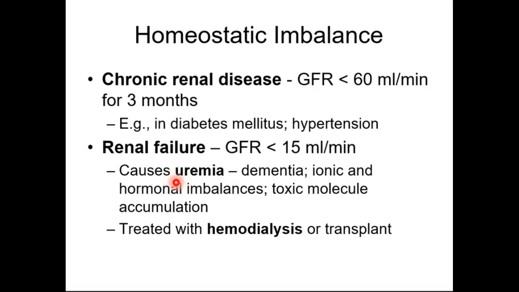That nitrogenous waste floating around in your circulatory system and making it throughout your body, including to your brain, can cause all kinds of problems such as dementia, toxic molecule accumulation, and ionic and hormonal imbalances will also be part of renal failure. So we can do hemodialysis, we can do kidney transplants. If you're familiar with hemodialysis, it's going to be very, very time-consuming and very, very life-altering, and it's not going to be a permanent solution.